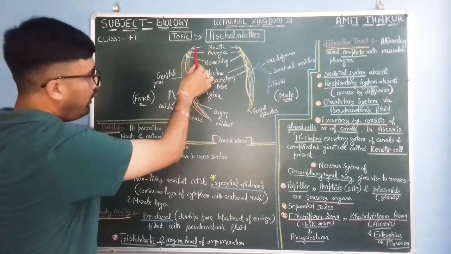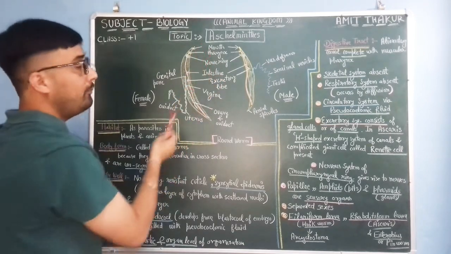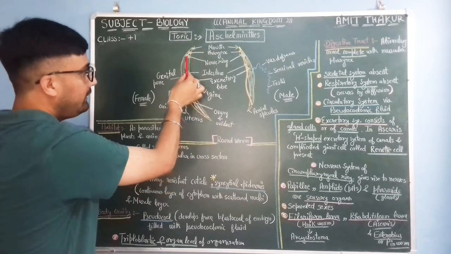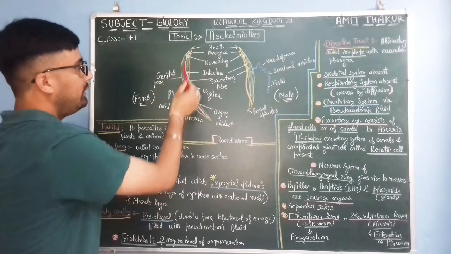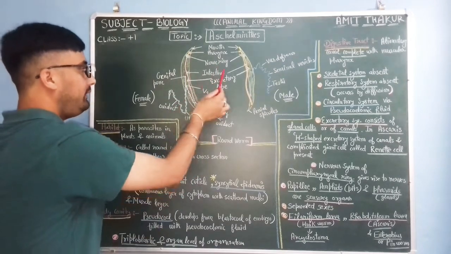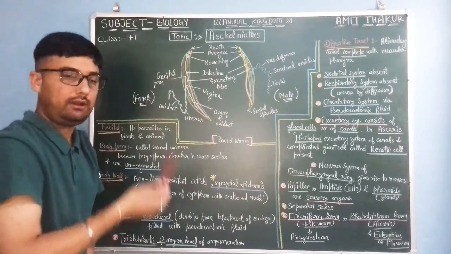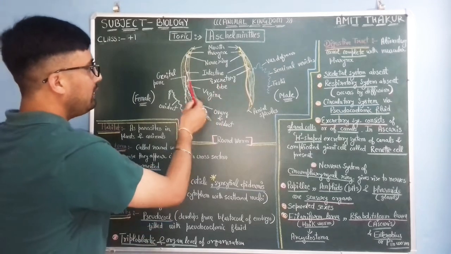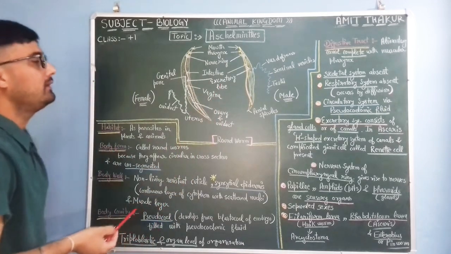We see a mouth, a muscular pharynx, a nerve ring around this pharynx, just below the pharynx, the intestine, the complete tract, and the excretory lobe for excretion.